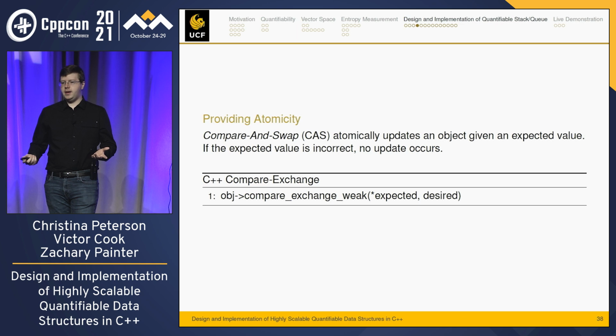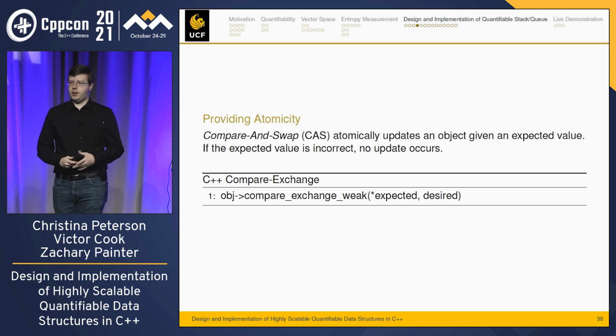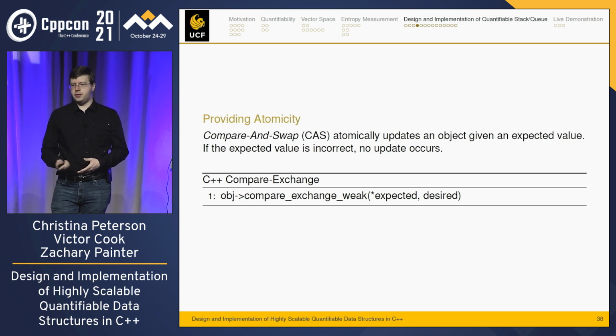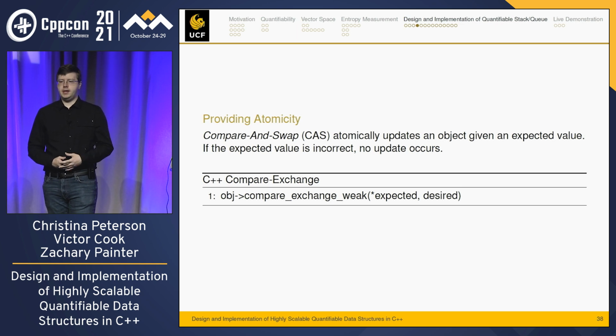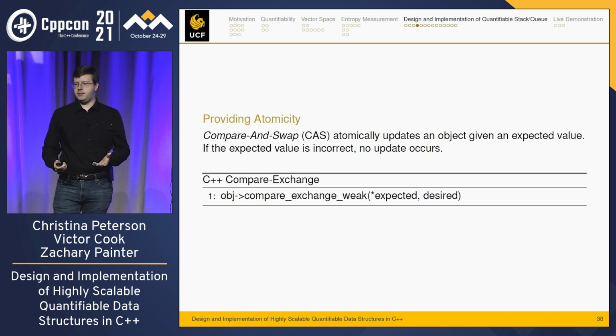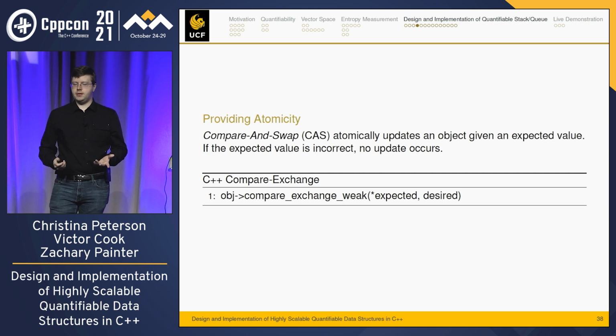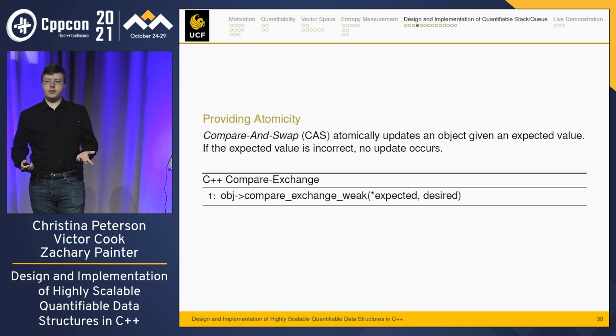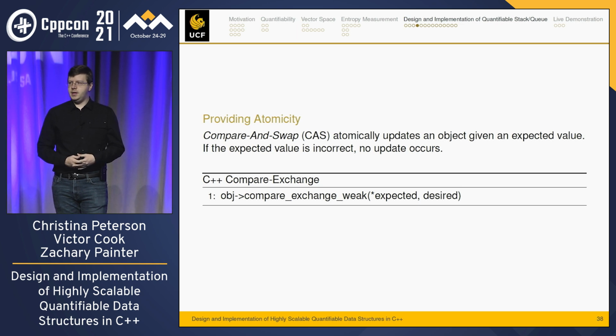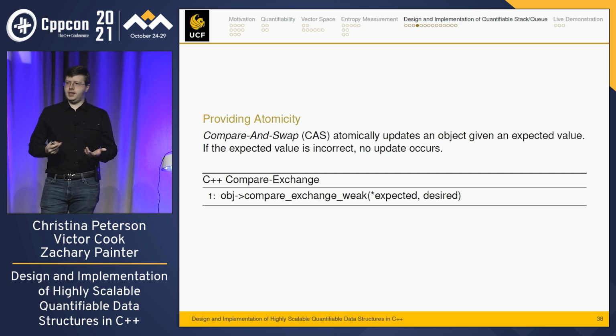So for providing atomicity, of course, we're relying on compare and swap. In the C++ atomic library, you're probably familiar with the call there. That's what it looks like. What compare and swap does is it atomically updates an object given an expected value. If the expected value is incorrect, no update occurs. The way this is usually used in a concurrent data structure is that a thread will read a memory location that it intends to update, then do some calculations based on the value that it reads, and then attempt its update using compare and swap.